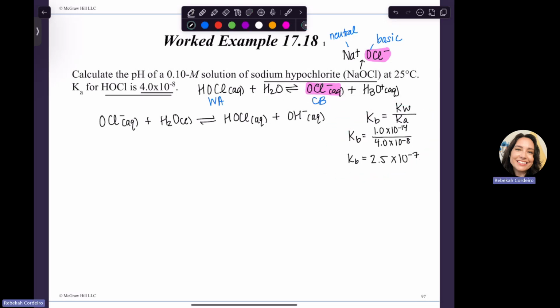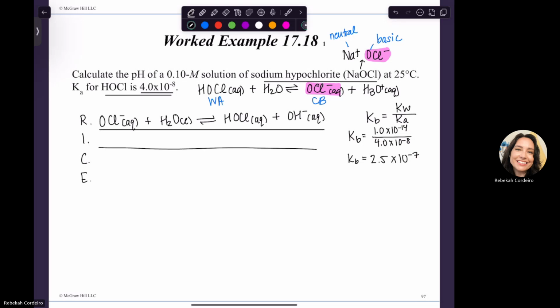So now why don't you try working out the ice table, and we're trying to figure out pH. So think about what in this reaction can help us find pH. So hopefully you've tried it. So we have our reaction. Table really quick.